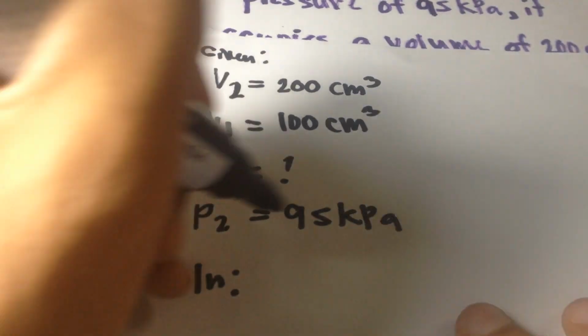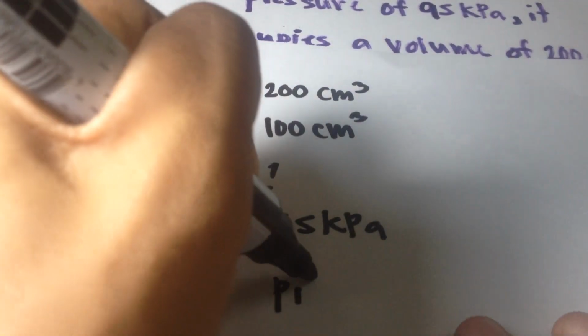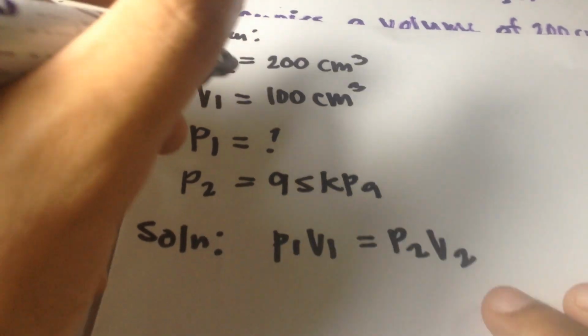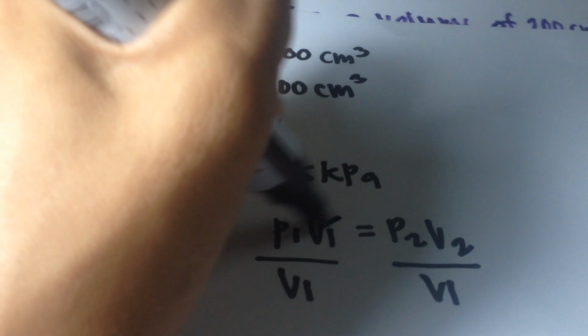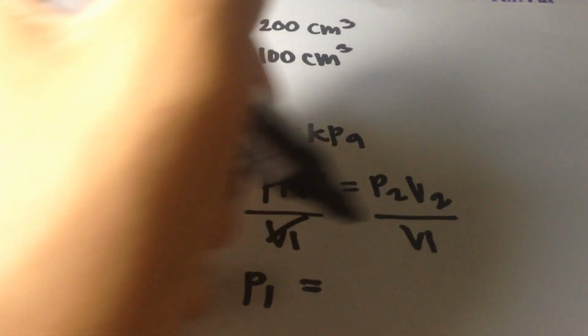Solution. Use again the formula P1V1 equals P2V2. And you need to find the pressure 1. So divide both sides by volume 1, then cancel out volume 1. So pressure 1 is equal to pressure 2 times volume 2 divided by volume 1.